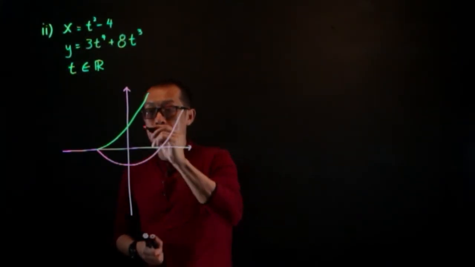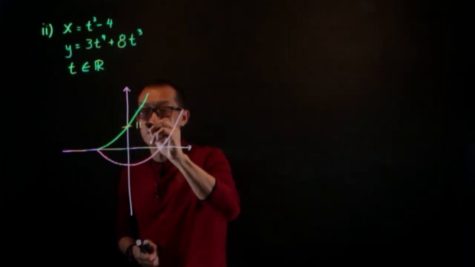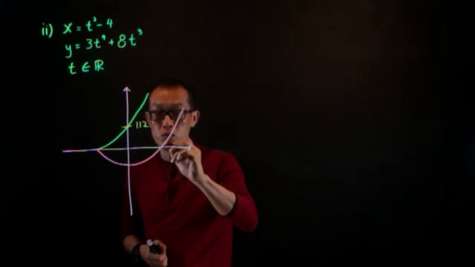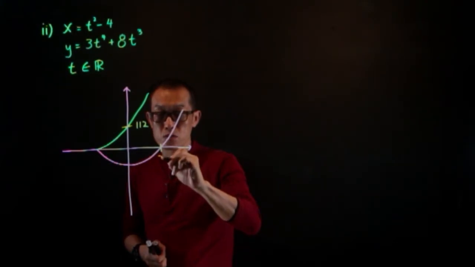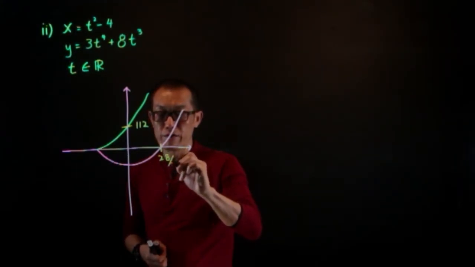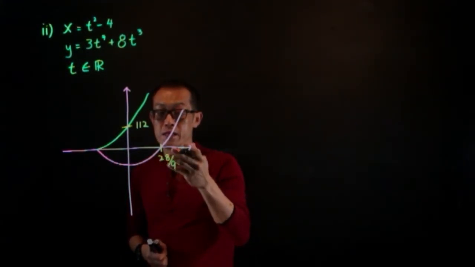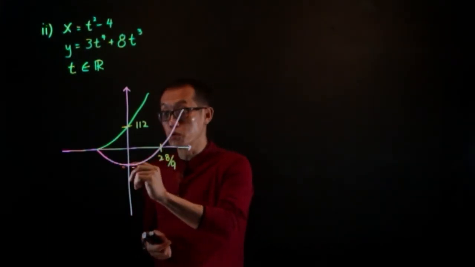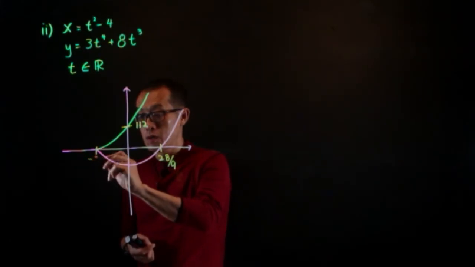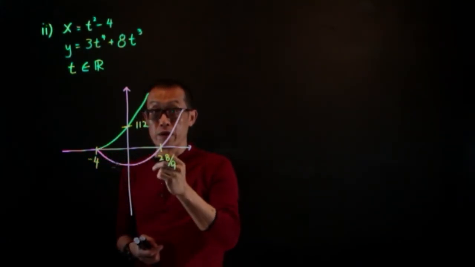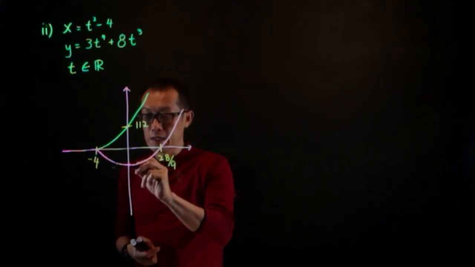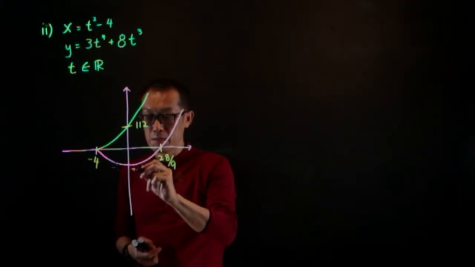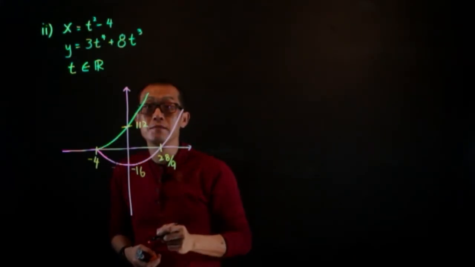Now this value here where it cuts the y-axis is 122, this is 28 over 9. You may get it in decimal if you are using your GC to read off where it cuts the x-axis and y-axis. And this part is minus 60.